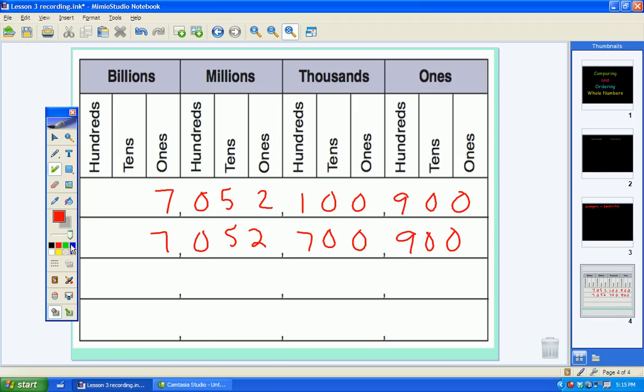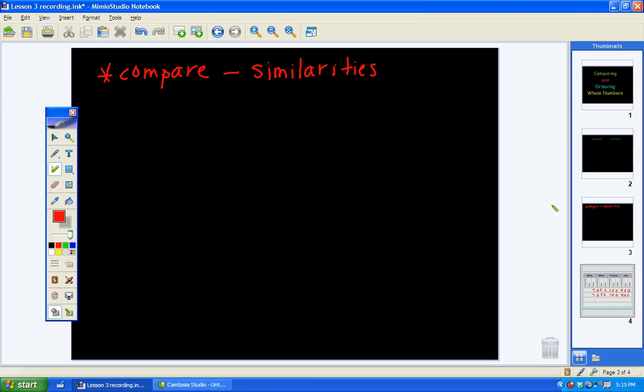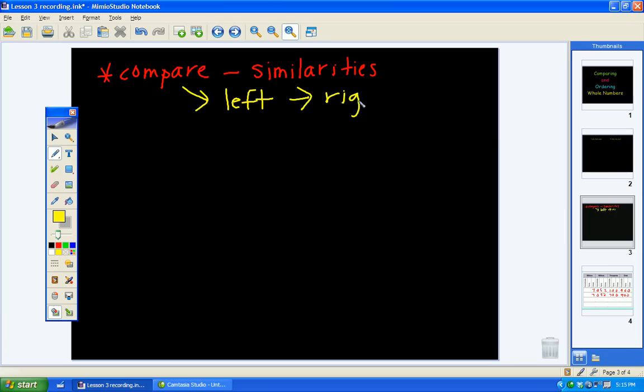Now, when we are comparing, we need to compare from left to right. Just like we say our numbers, we're going to compare left to right, even though our numbers build right to left. So you do want to add that to your notes as well.